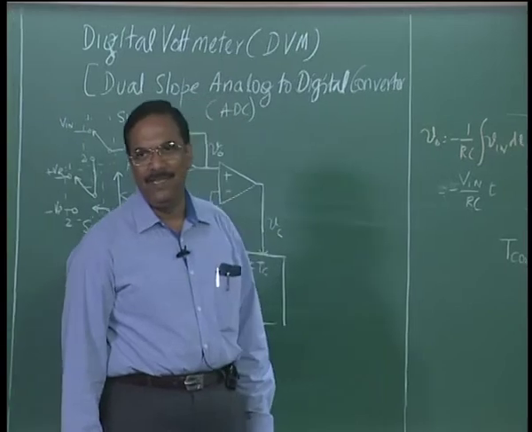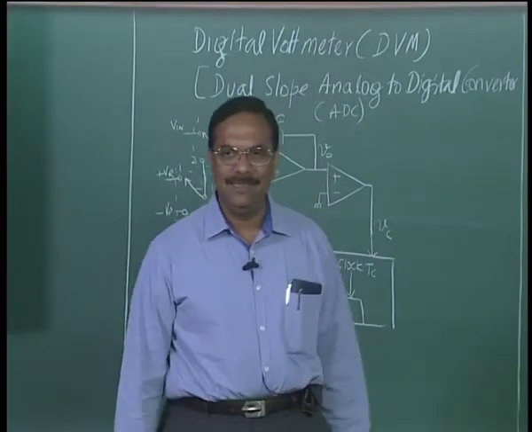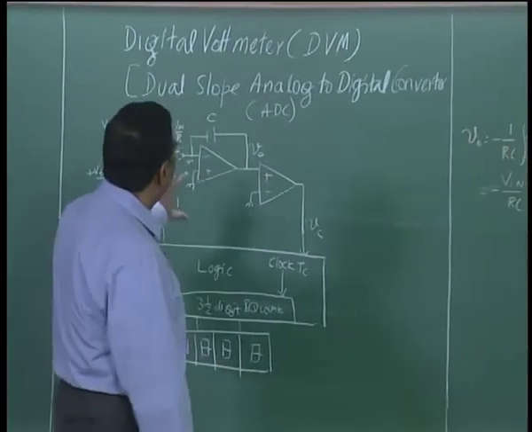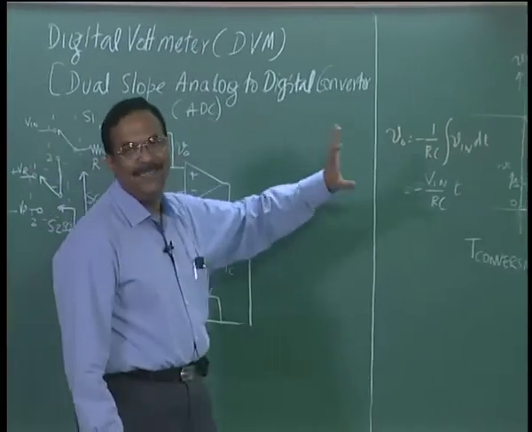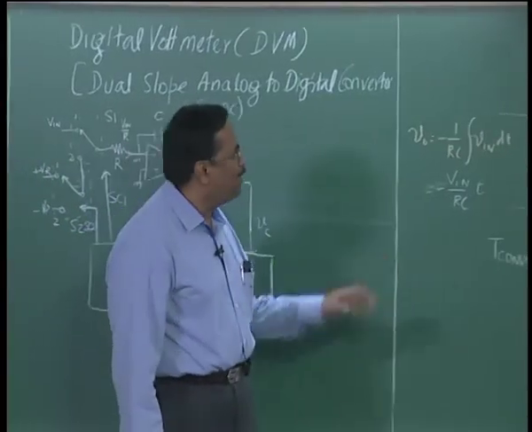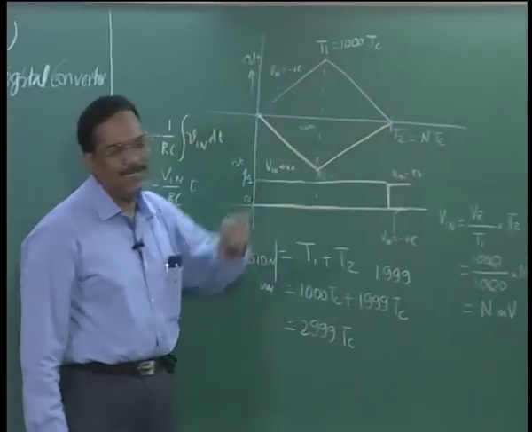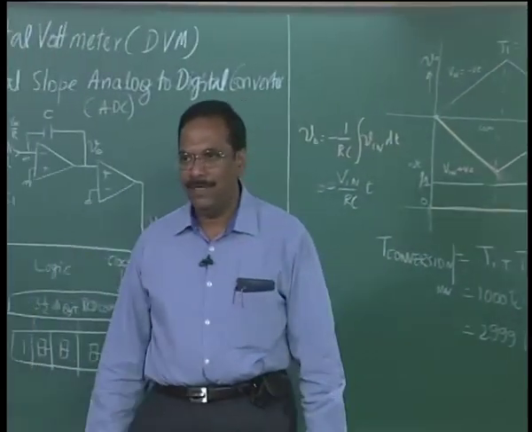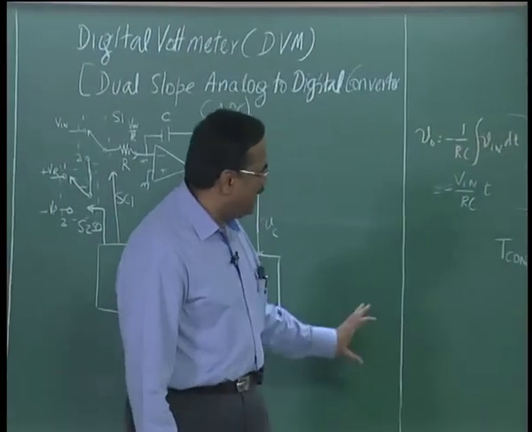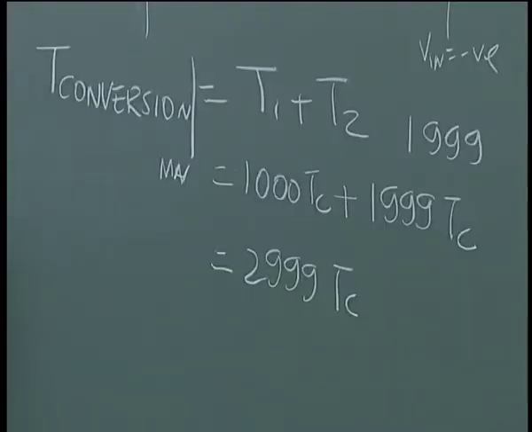Most of the time we use it as a digital voltmeter. So two things: the dual slope DVM is for DC, and it should not change with the period T1. And the second thing is the conversion time is quite large.